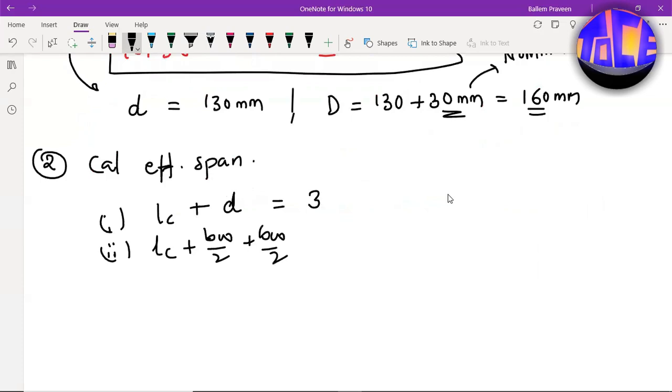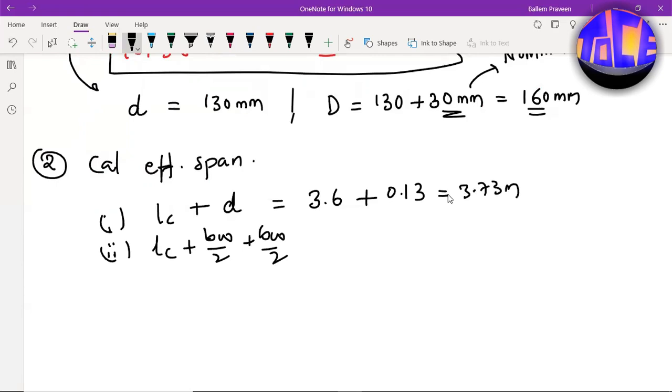Clear span is 3.6 meters plus your effective depth of 130, which is 0.13. So it will be 3.6 plus 0.13, which is 3.73.